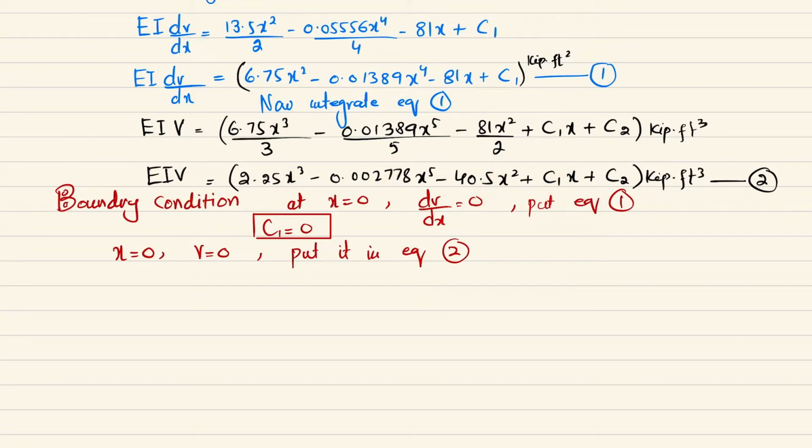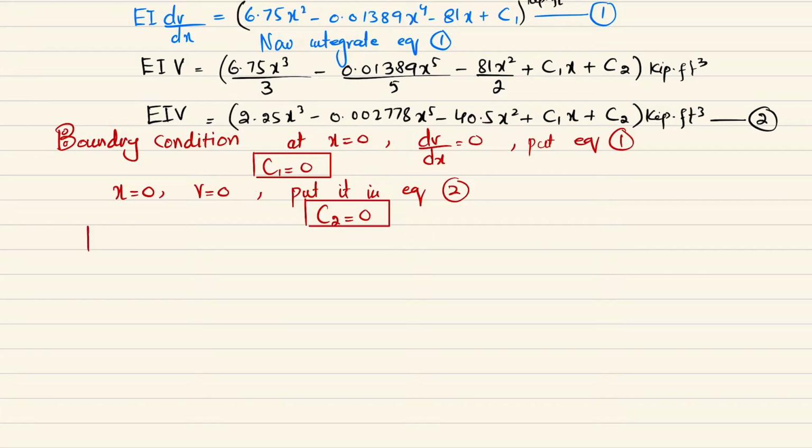So it means that c2 is also equal to 0. So c2 is equal to 0. Now we will put the values of c1 and c2 in equations 1 and 2.